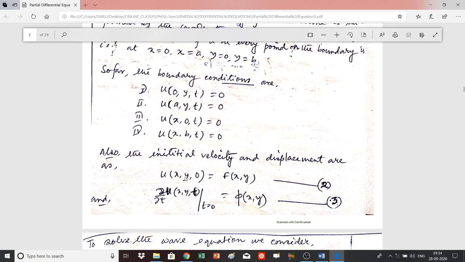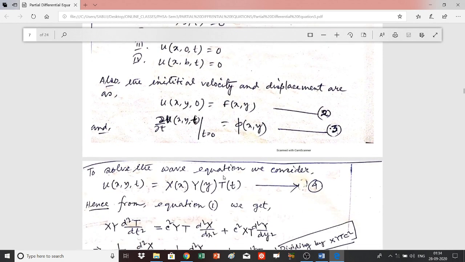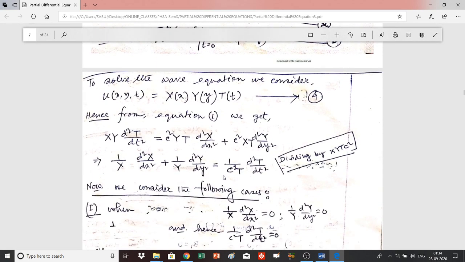The initial displacement is u(x,y,0) equal to f(x,y), a function of x and y, and the initial velocity, ∂u/∂t at t equal to 0, is equal to g(x,y), another function of x and y. These give us four boundary conditions and two initial conditions, and now we wish to apply all these conditions in suitable cases.